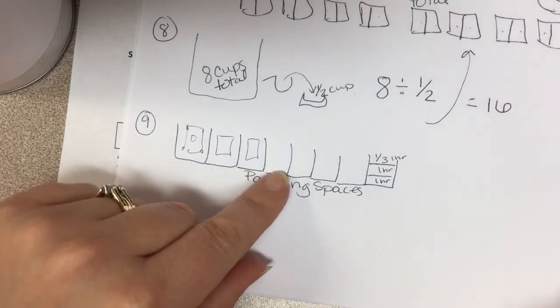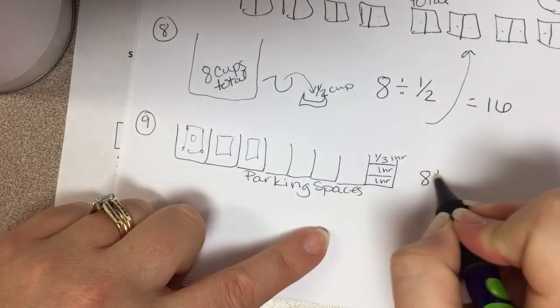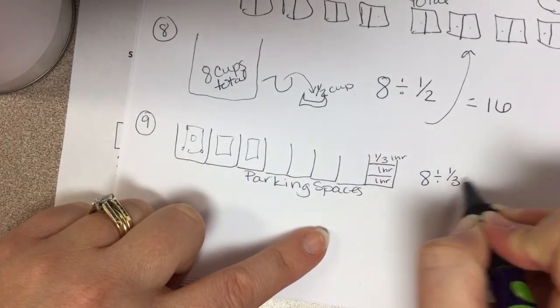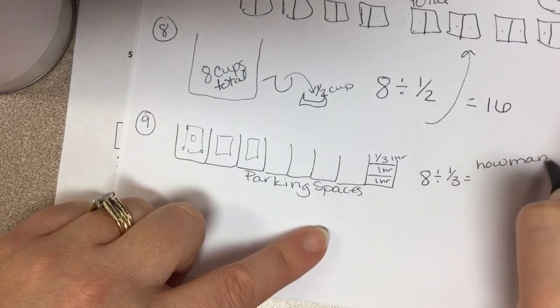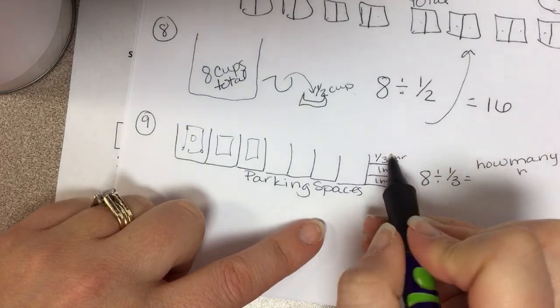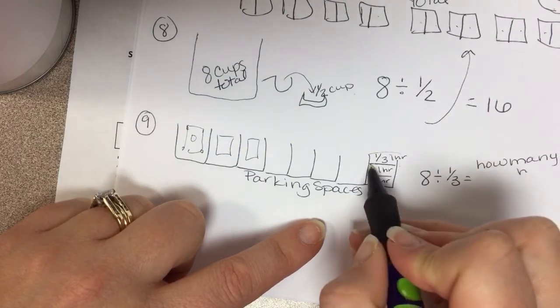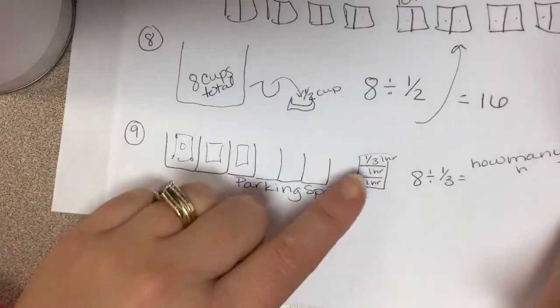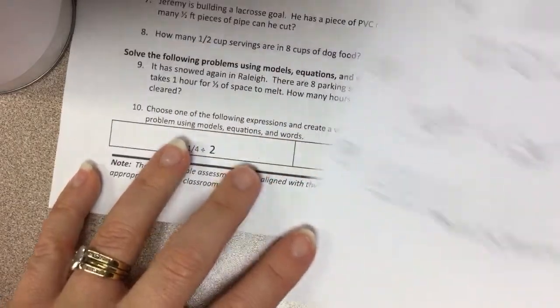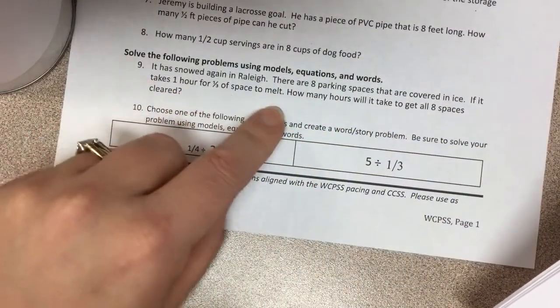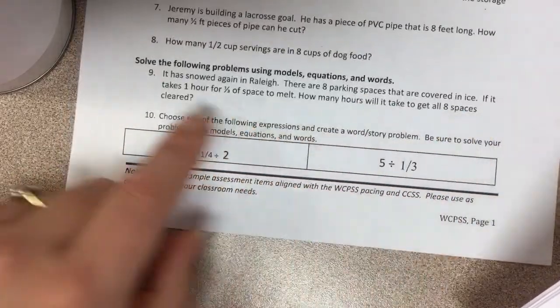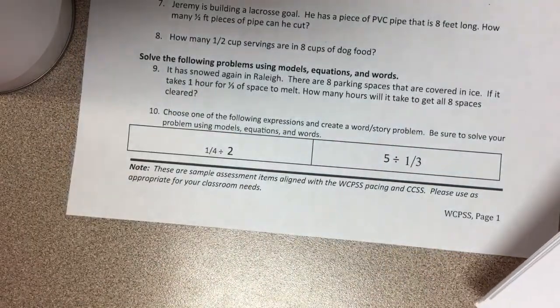So I have my 8, and I have to split them into thirds. And that tells me how many hours, right? It takes an hour for this third to melt. Let me go back and read. If it takes 1 hour for 1/3 of a space to melt, how many hours will it take to get all 8 spaces cleared?